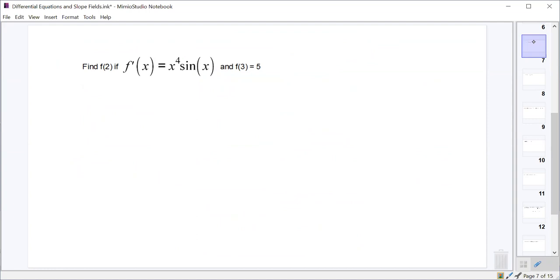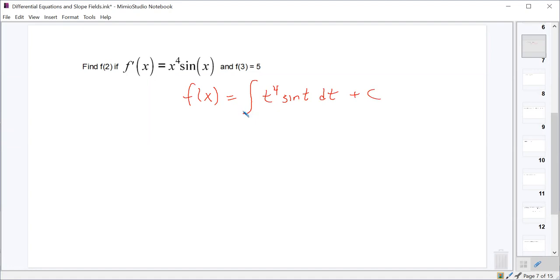This one's a little different. This one we want to actually find the value of f of 2, given this derivative, f prime is x to the 4th sine x, and knowing that f of 3 is equal to 5. So we first want to set it up as saying f of x is equal to the integral of t to the 4th sine t dt plus a constant.